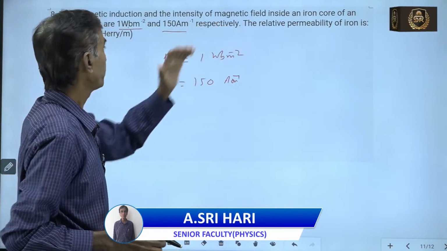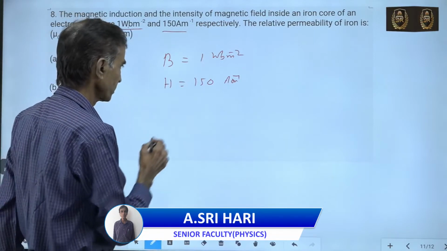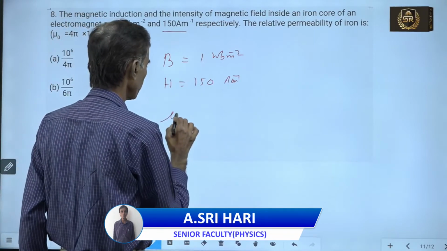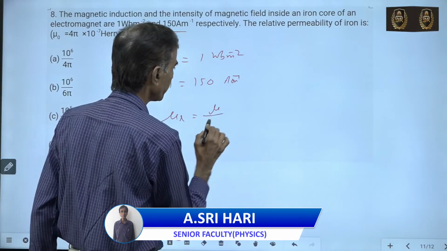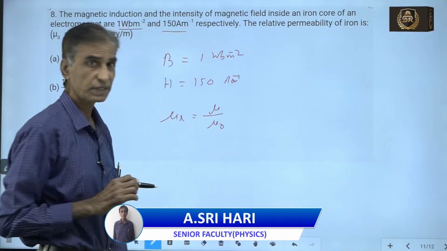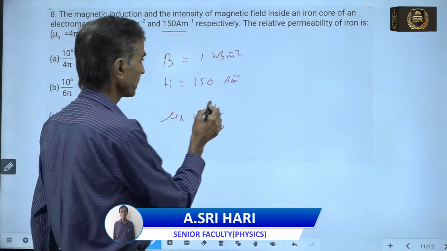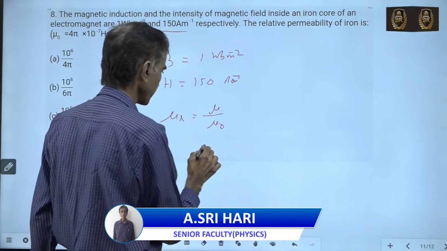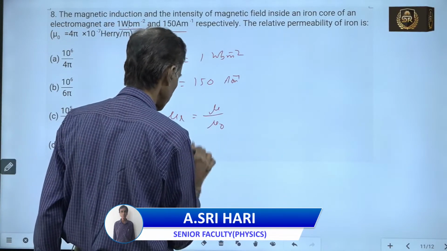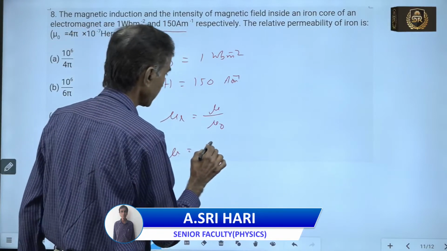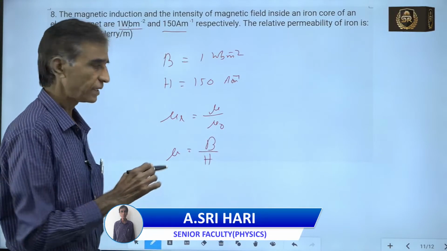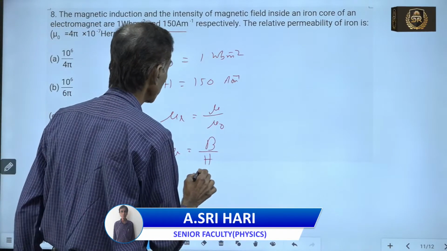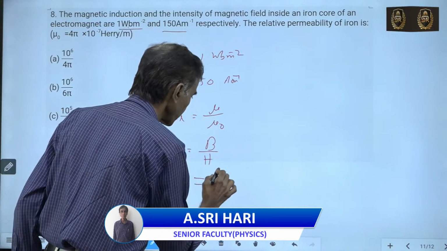We require relative permeability. Mu naught is given. So we know mu r is equal to mu by mu naught, isn't it? So we have to calculate mu now. For that, we know mu is equal to B by H. So that is equal to 1 by 150.